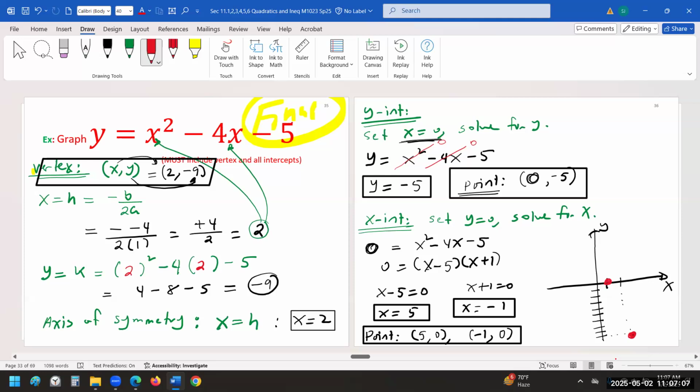So negative 1 is here. And then we have 2, 3, 4, 5. 5 is here. X equals negative 1, x equals 5. And our y-intercept is... I did something wrong, right? Negative 1. Oh man.